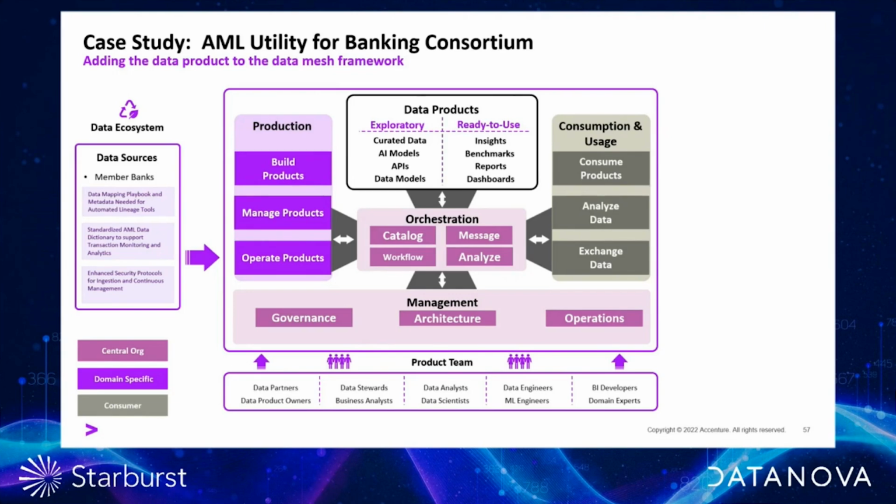So having some of that automated. It's adding some standard dictionaries so that we're all talking about the same thing. It's adding some security protocols to make sure that we're securely bringing the data in and that we can track it from the moment it leaves that bank all the way through all the insights and the different people who might touch it and the different models and tools that touch it, right? So it's really thinking about, again, what is that interface that we need to get buy-in for those data source systems?